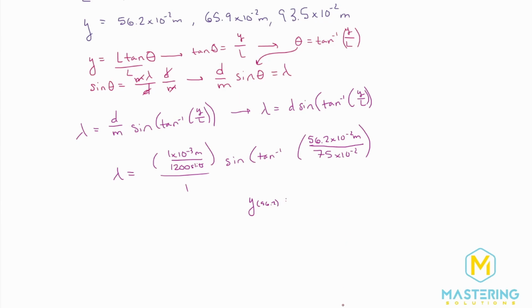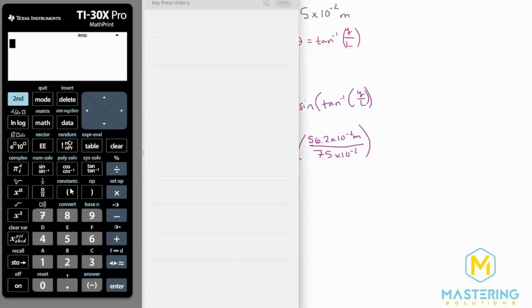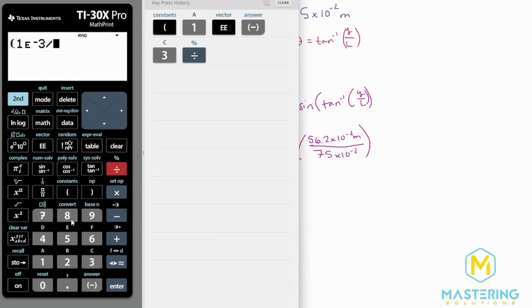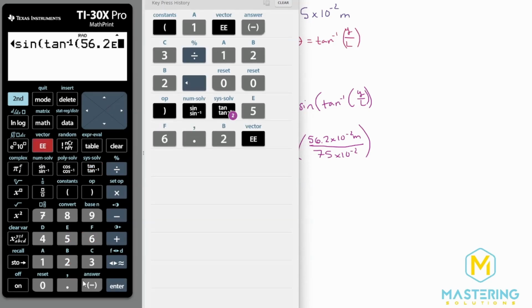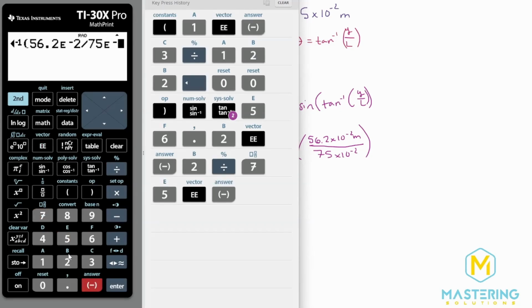So for the first y, 56.2, what does that give us? We have 1 times 10 to the negative 3 divided by 1200, times the sine, inverse tangent, and then we have y, in this case 56.2 times 10 to the negative 2 divided by L, and that L we said is 75 times 10 to the negative 2.